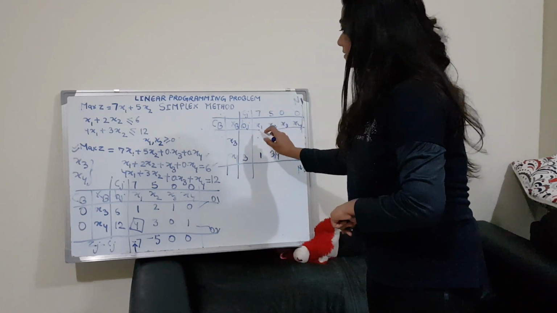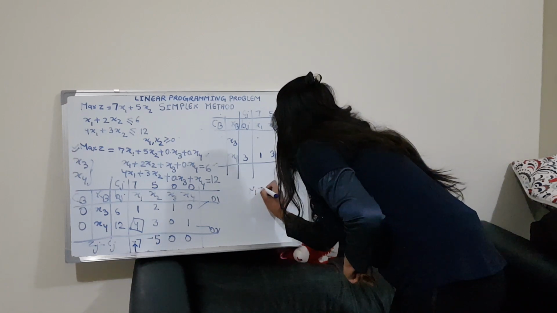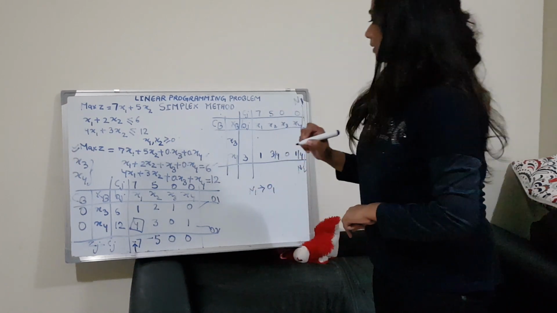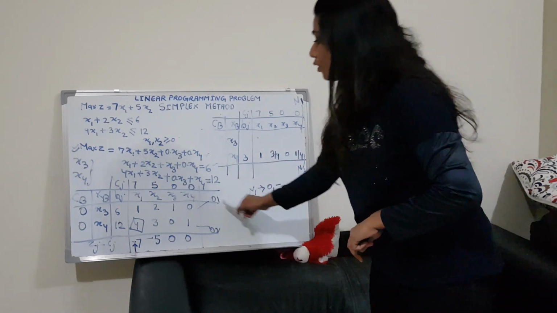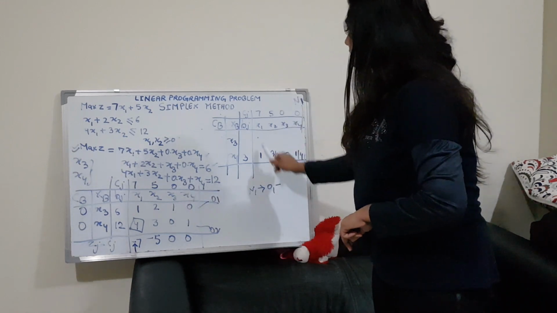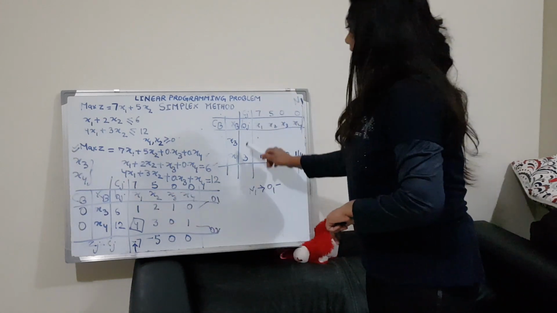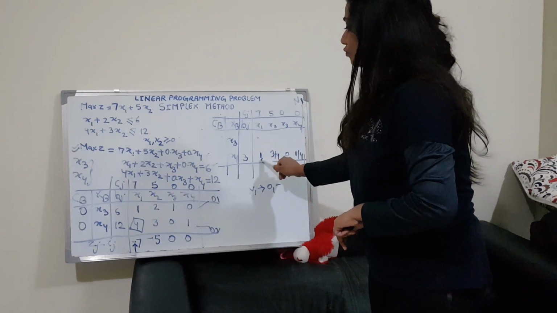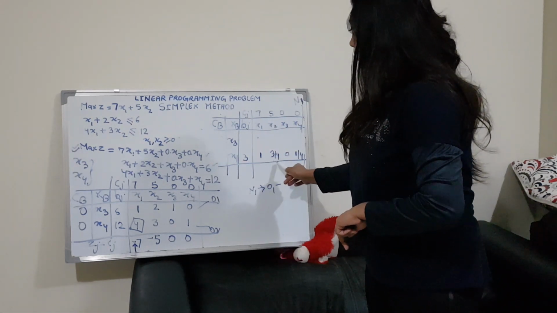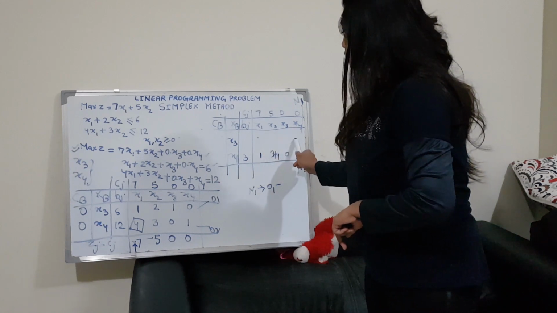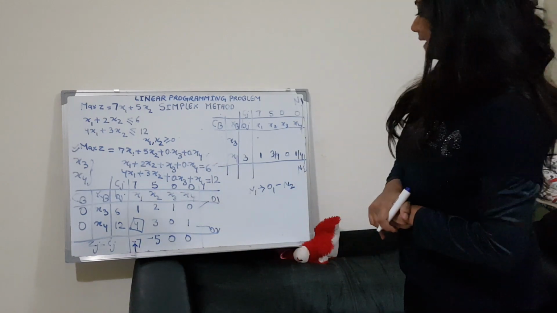Now we will make 0 here. So N1 we will calculate from O1. If we subtract N2 from O1, we will get 0 at this place. You can see O1 has 1 there, and N2 at this place has 1, so 1 minus 1 is 0. So if we subtract N2 from O1, we will get 0: O1 minus N2.